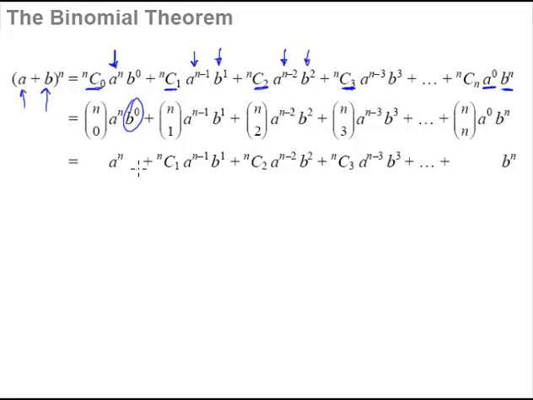The 1 is basically insignificant there. The same goes for the last term. nCn is a 1 and a to the power of 0 is also a 1, and therefore we only have the last term as b to the power of n, and of course everything in between remains the same as what we have talked about earlier in this example.